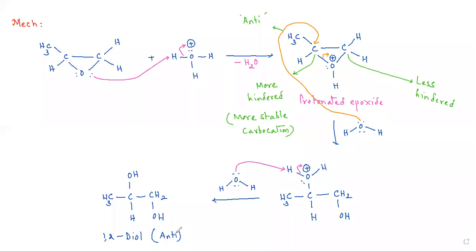Okay, so this is all about the acid catalyzed ring opening of epoxides. The most important one is more hindered carbon is being attacked.